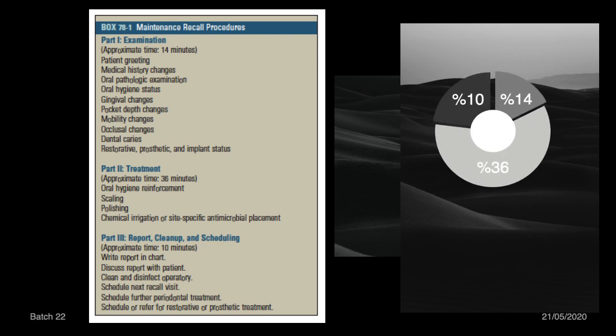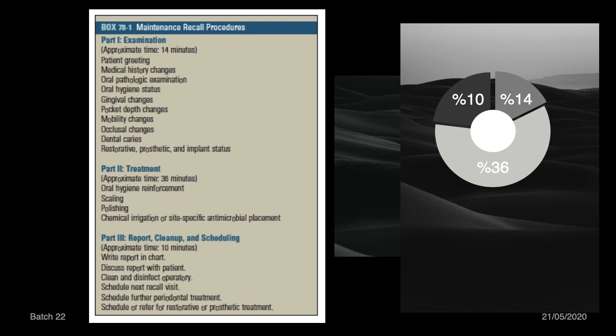That 1 hour includes an examination part, part 1, which accounts for 14 minutes, followed by a treatment part, which accounts for 36 minutes, and finally the recall appointment or scheduling part, which is about 10 minutes.